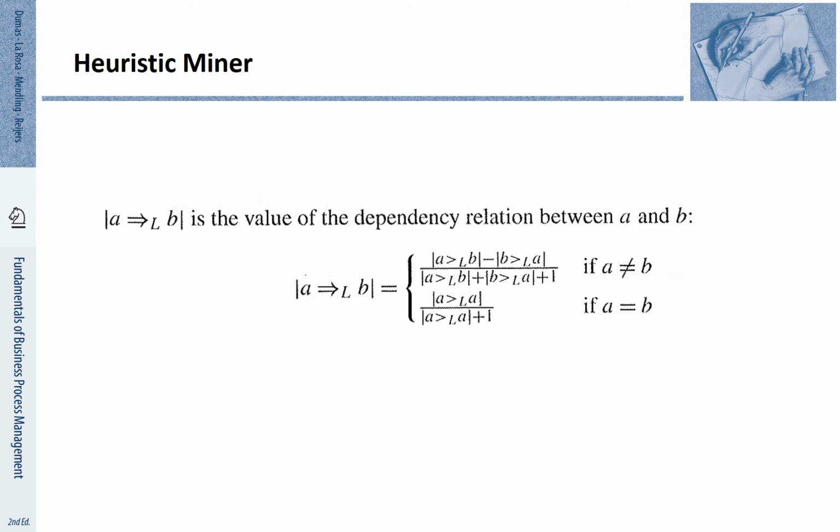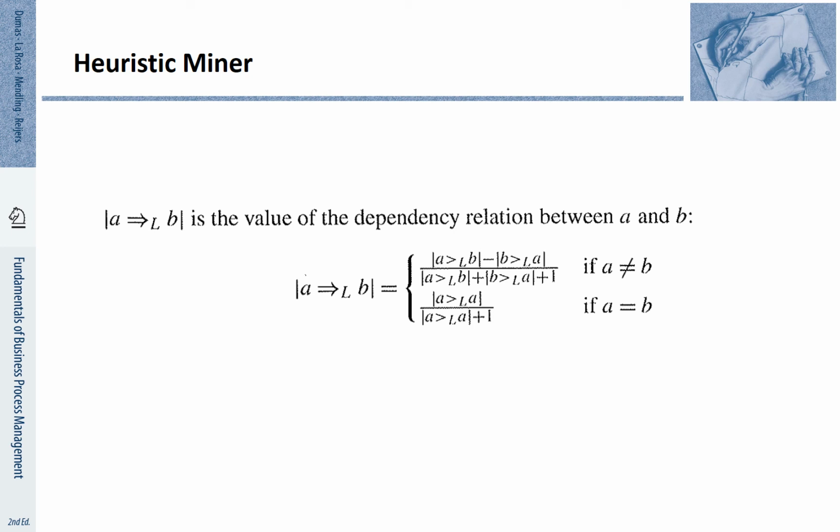Based on this transition matrix, we can now calculate a so-called dependency relationship. This is a measure how strong the relationship between an activity A and B is in one specific direction. You see that the formula from A to B is as follows.